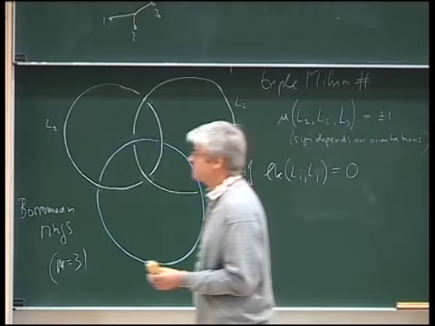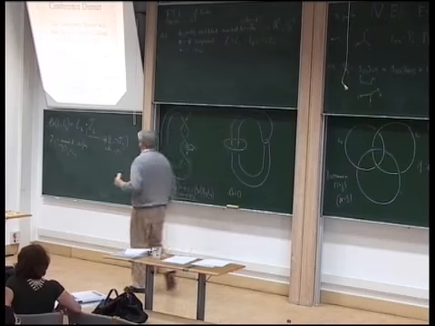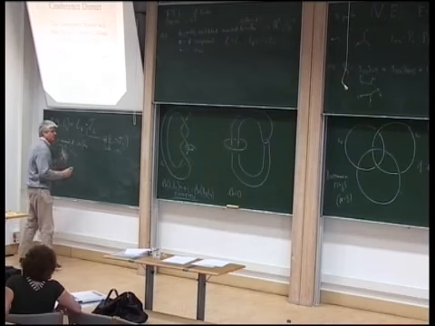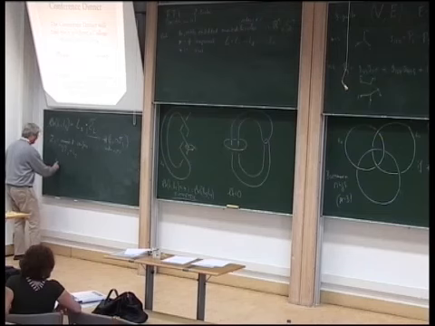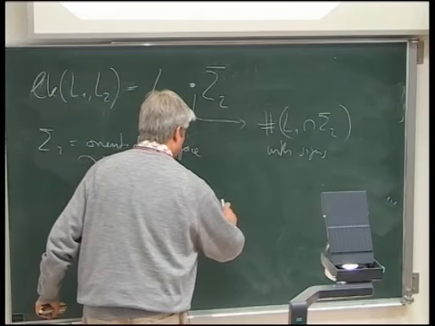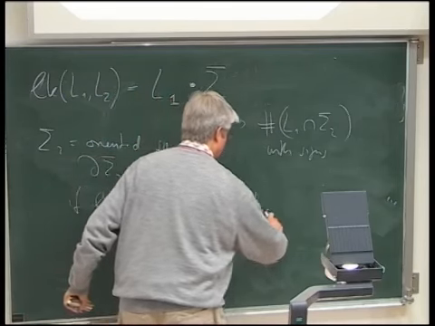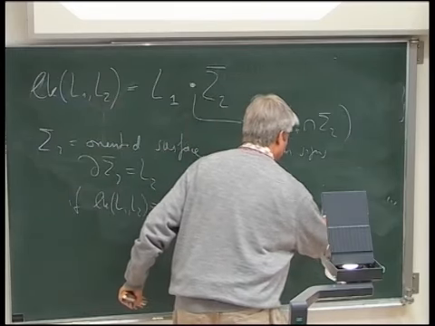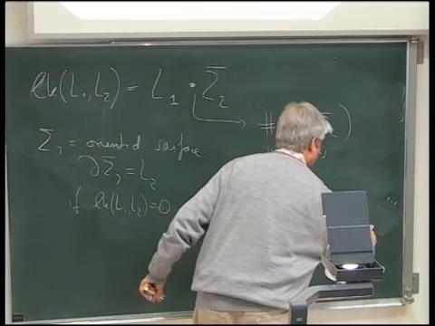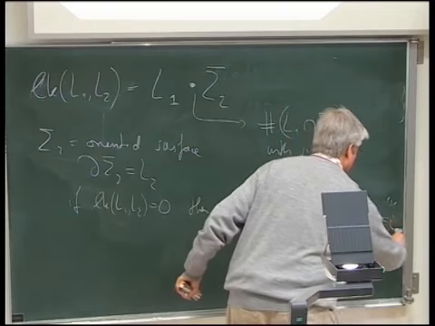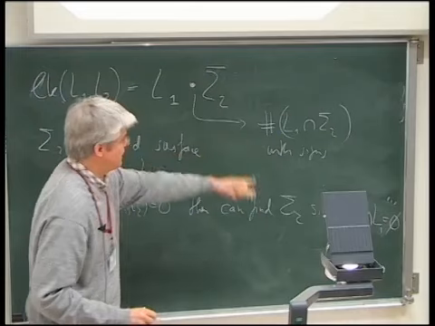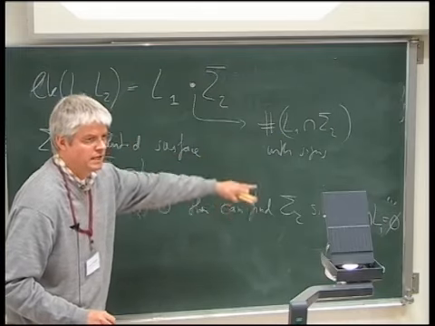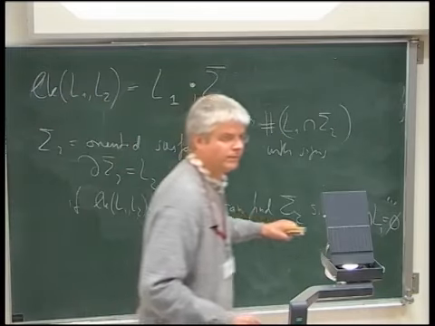So the way this goes is that there is a little lemma that says if the linking number of L1 and L2 is 0, then you can find sigma 2 such that the intersection of sigma 2 with L1 is actually empty. Not just the same number of points with positive sign as with negative signs, but actually empty.